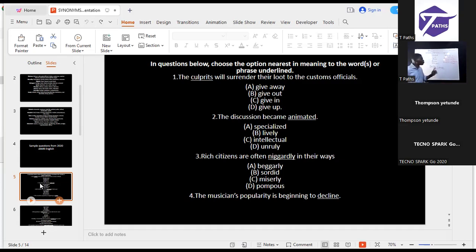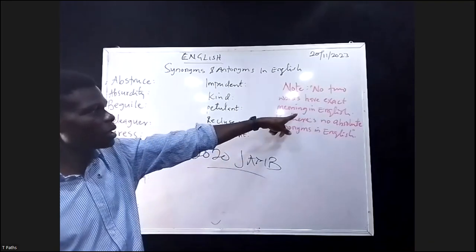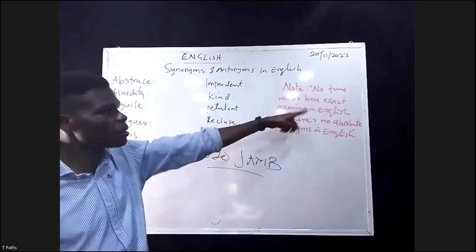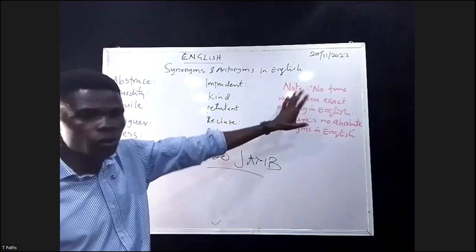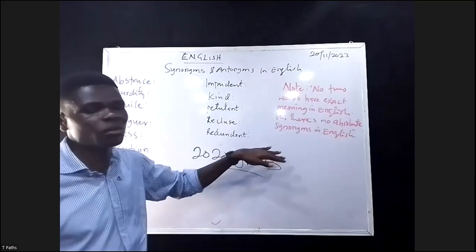Why is it always nearest in meaning? It's simple. I left a note on the board: no two words have exact meaning in English. There are no two words in English with exactly the same meaning. It does not exist. That means there is no absolute synonym.